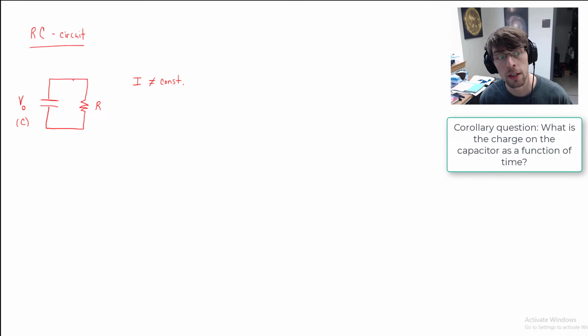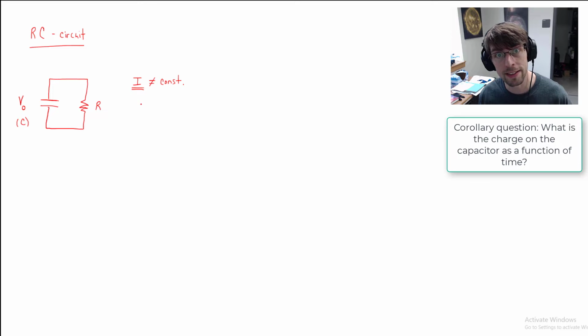If you're not pushing the charge as strongly, after you move the charge around, the next one gets a little easier to move, and so on. You're not pushing it as hard, so you would expect that the current is not going to be constant anymore.